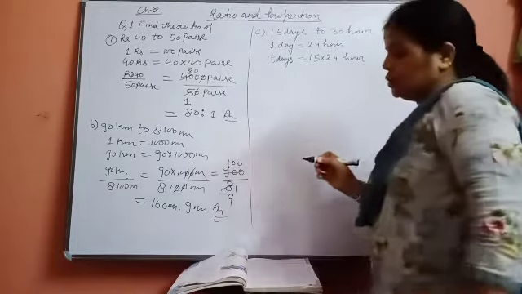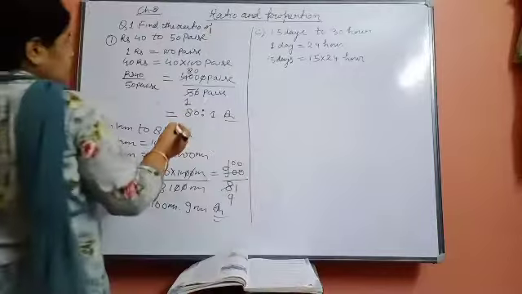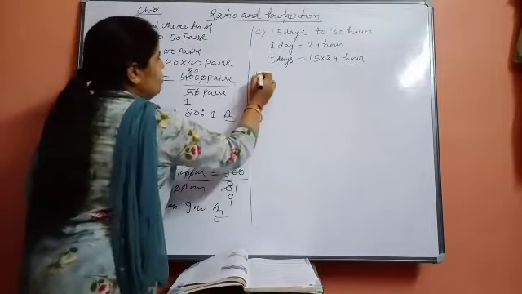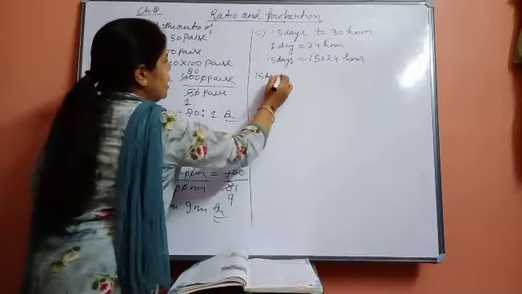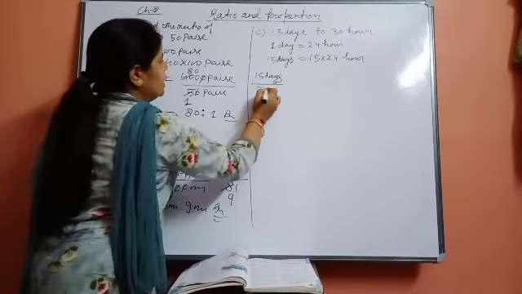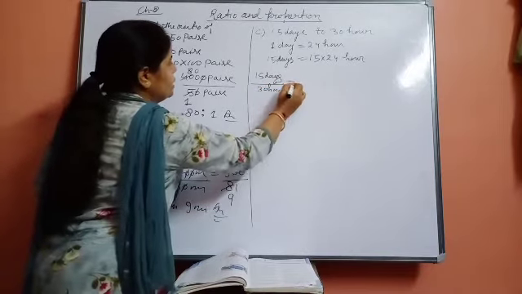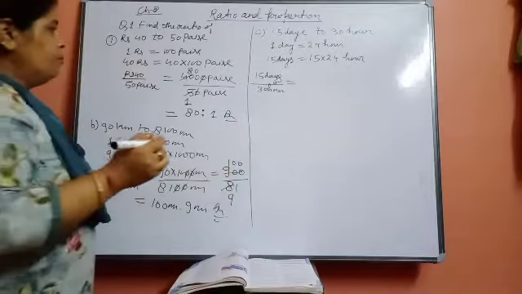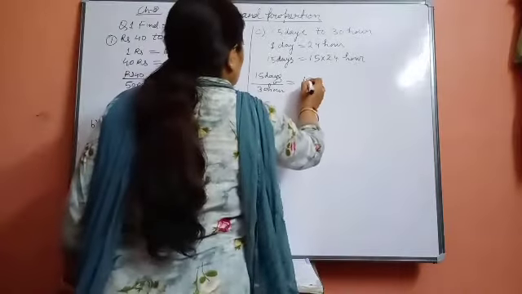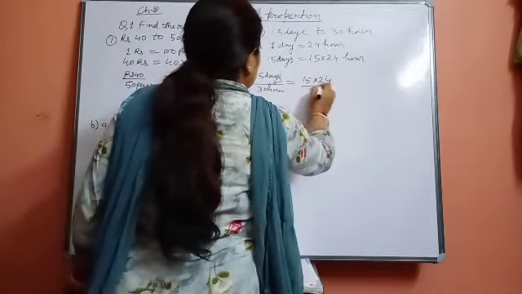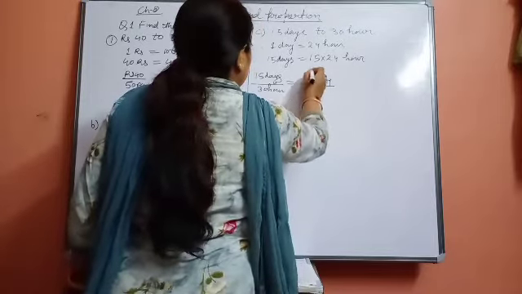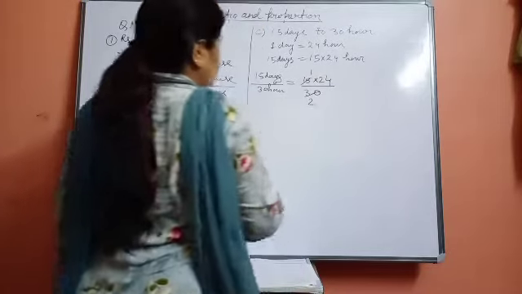Now take their ratio: 15 days upon 30 hours. So 15 days is equal to 15 into 24 divided by 30. 15 ones are 15, 15 twos are 30. So 1 upon 2.